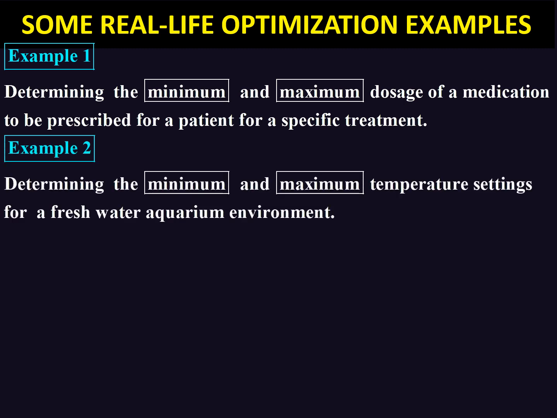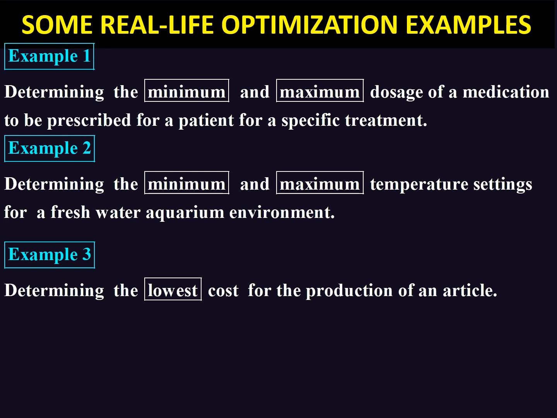Let's say that we have a water aquarium. If the water in that aquarium is too cold, then some of the fish or plants in that aquarium might not survive. On the other side, if the water is too warm, then you might have a problem again where other fish or other plants might not survive there.